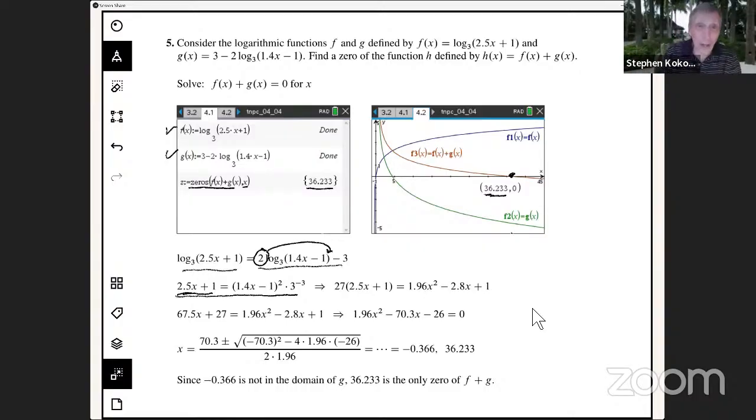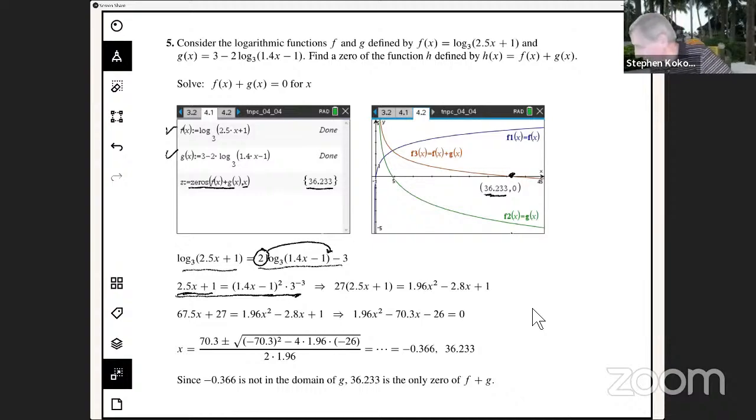That's a property of logarithms. So I use the inverse function idea to get this 1.4x minus 1 squared. I use the property of logarithms times 3 to the minus 3 and did a little bit more simplification.